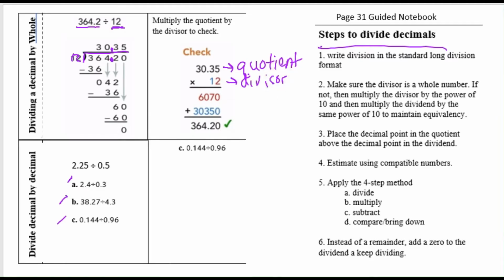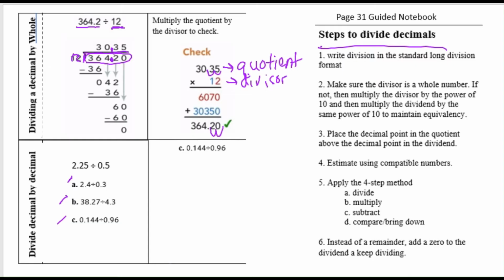So if we multiply these two together, we should get the product, and it should be equivalent to the dividend. So since we had to move 2 decimal spaces to make our multiplication a whole number, our first factor, we had to move it in twice here. So we're going to practice multiplying and dividing decimals, because in order to check your work, you have to know how to multiply with decimals.